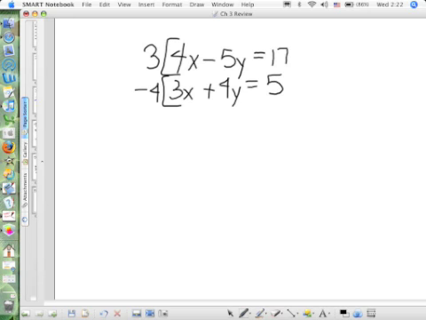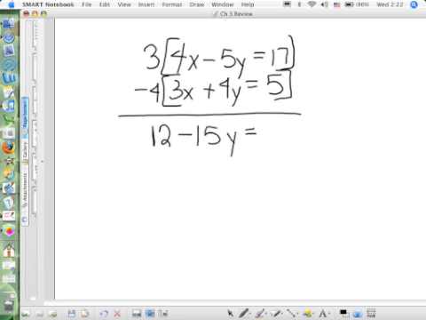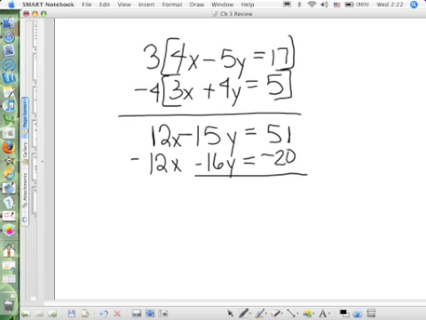But that means I have to multiply everything by those numbers. I'm taking the very top equation and transforming it: 12x minus 15y equals 51.